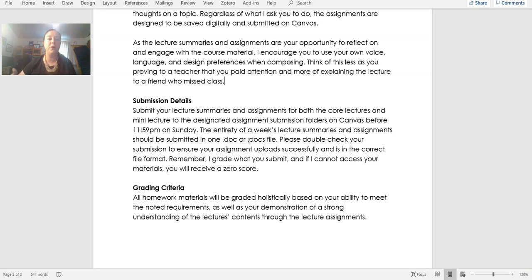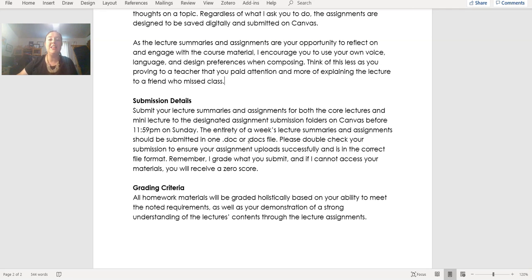Because if you submit a number of different documents, that increases the likelihood that things are going to get lost or not submit properly. But if you just include it perhaps in one larger file, then that will prevent things from getting lost and again help ensure that you receive credit for all the work that you've done.